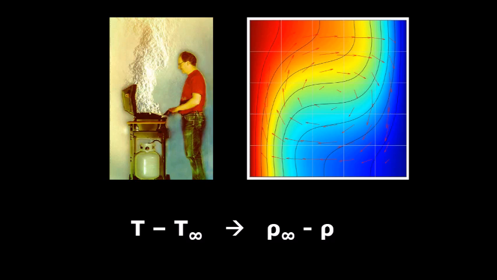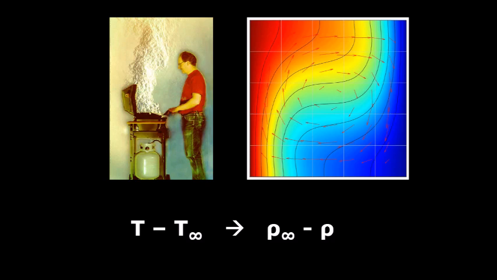So what we're seeing here is a fluid flow which is induced by a temperature difference, not by pressure differences or external work, as we analyzed in topic number 2, in heat transport and mass transport by convection.